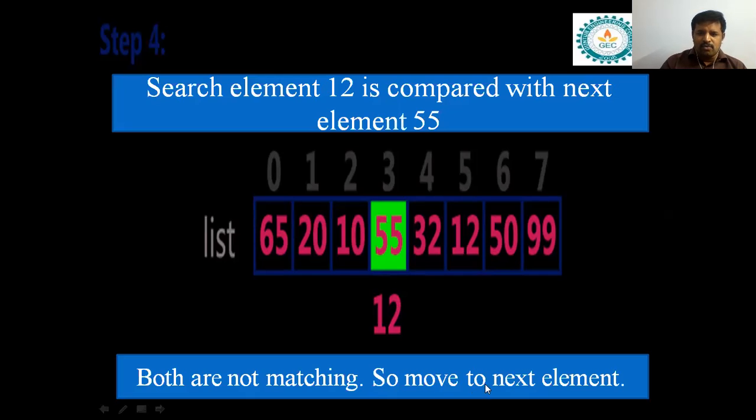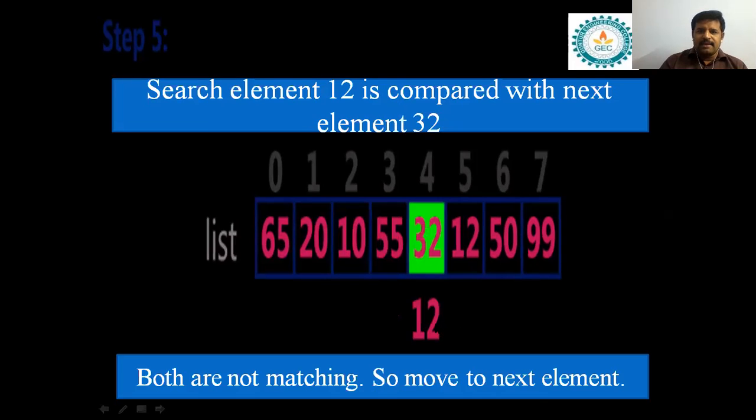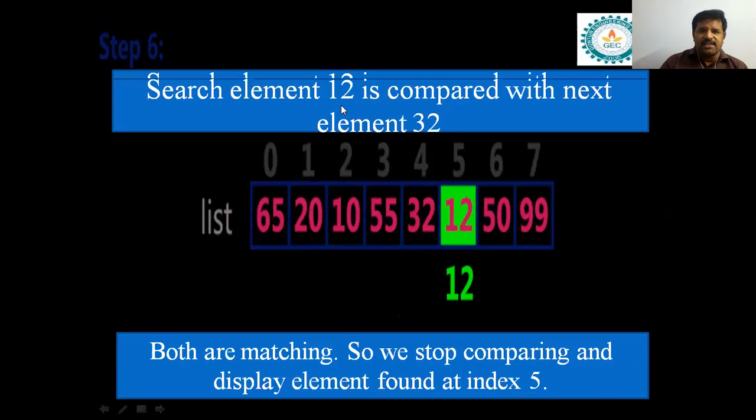Not matching. Move to the next element. The search element 12 is compared with 32. Both are not matched. So move on to the next element. Sorry, here this is not 32, it is 12. The 12 is equal to 12.